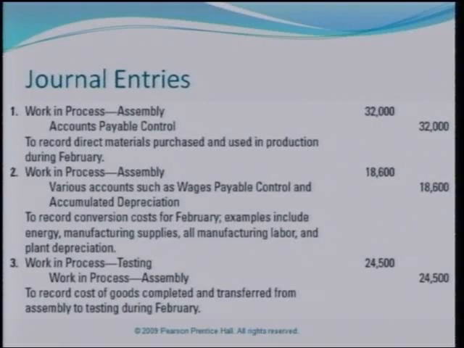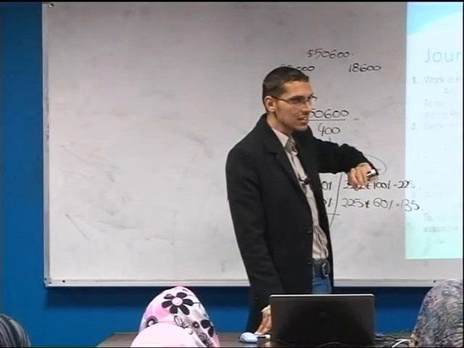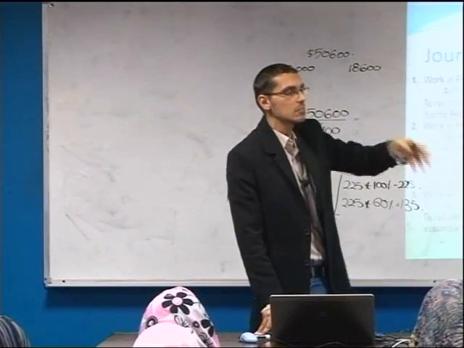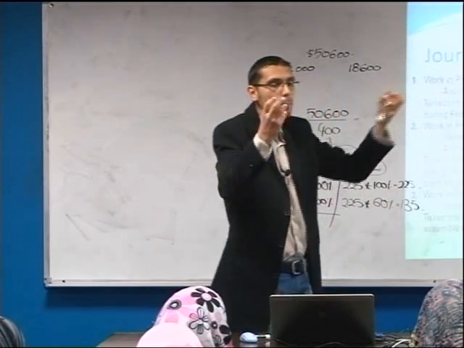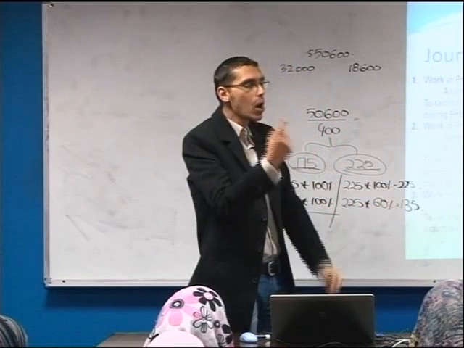The first entry is a summary entry. Of course, this entry should be two entries. First of all, the acquisition of direct materials, and then the usage of the direct materials. But this is a summary entry that summarizes both into one entry.